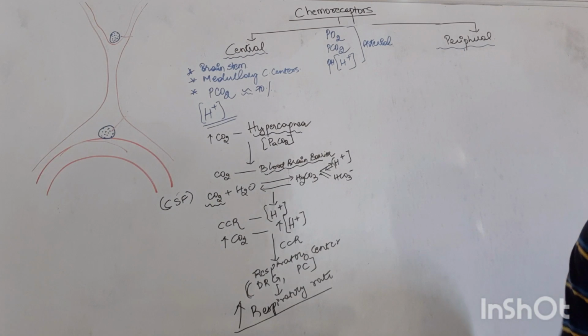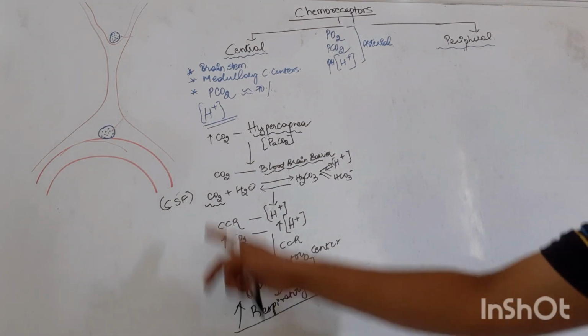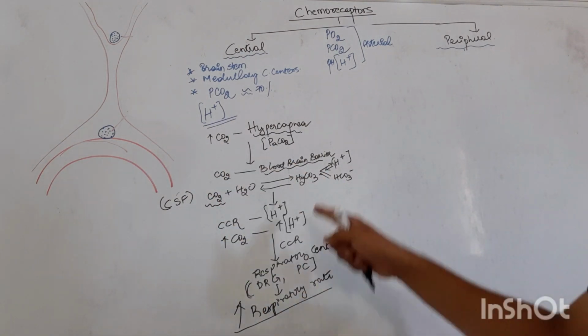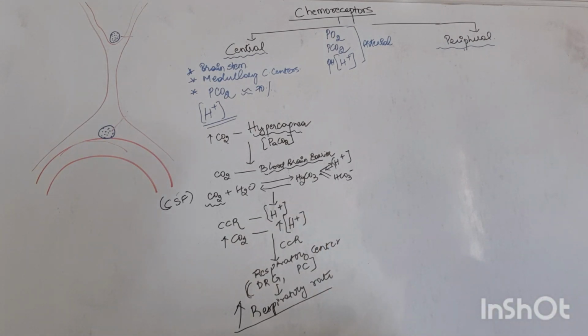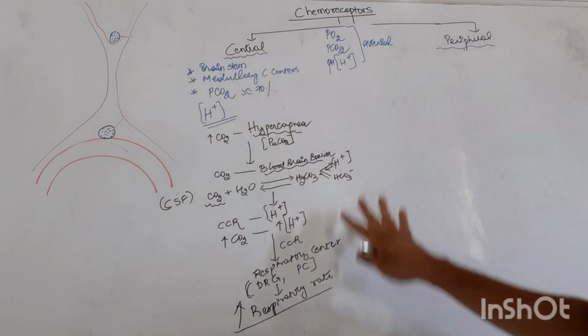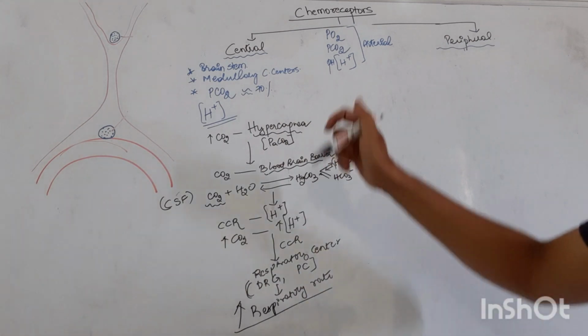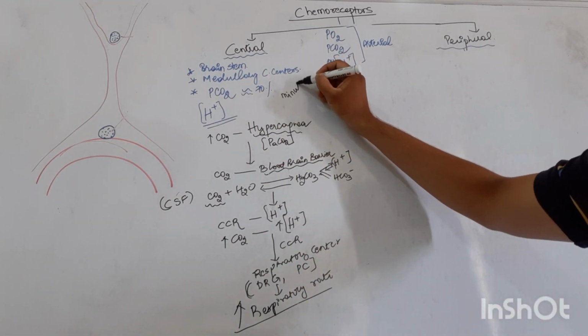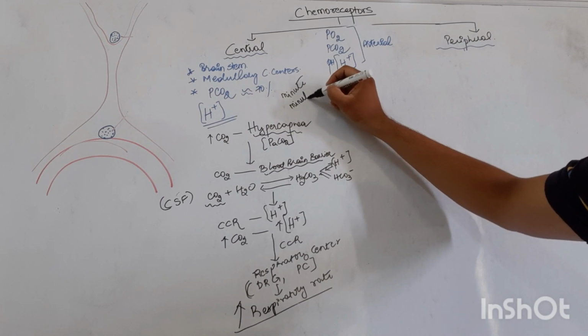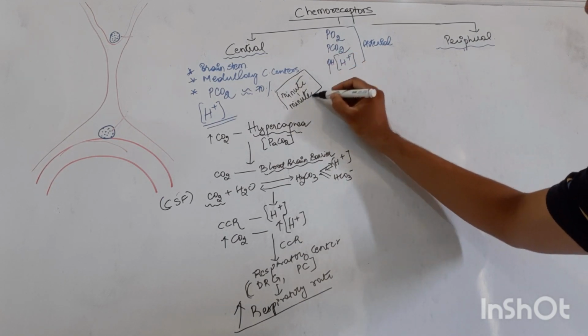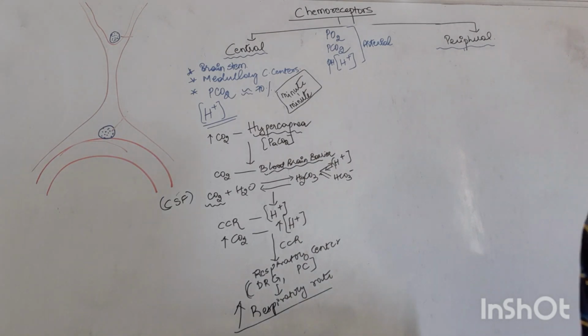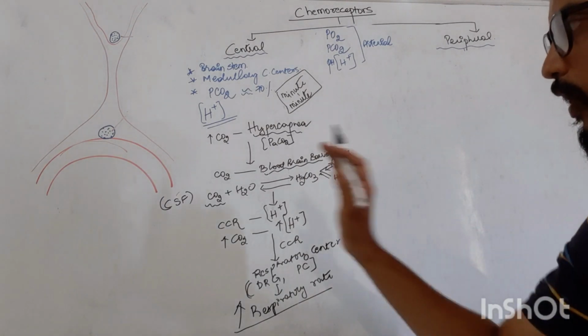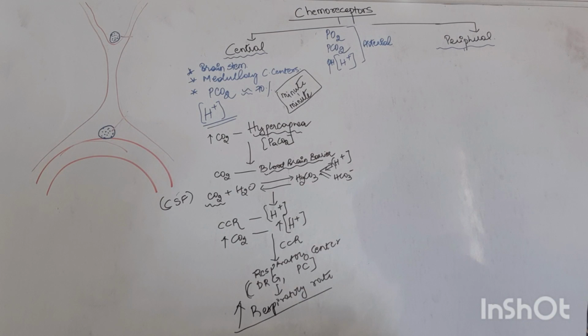For example, in case of decreased carbon dioxide concentration, obviously there will be decreased production of hydrogen ions, which decreases the respiratory rate. So this is the most important controlling system. Here there is minute to minute control, so that the carbon dioxide is not accumulated inside the body. The carbon dioxide is eliminated.